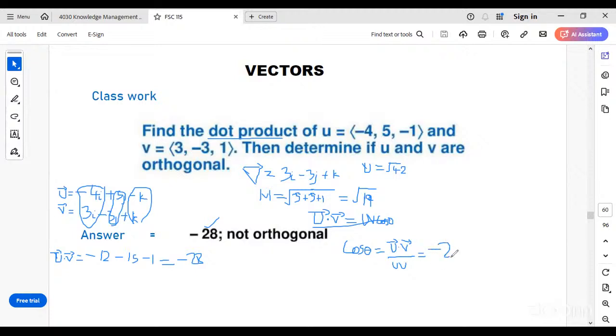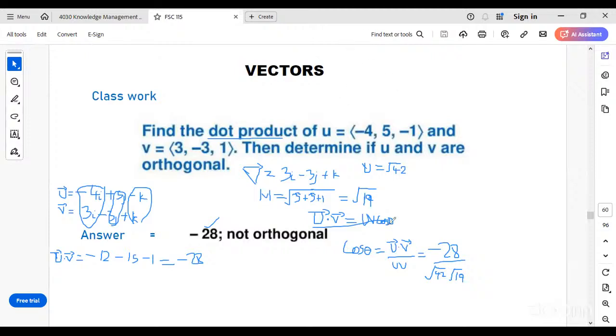So cos theta is minus 28 over square root of 18 times square root of 19.